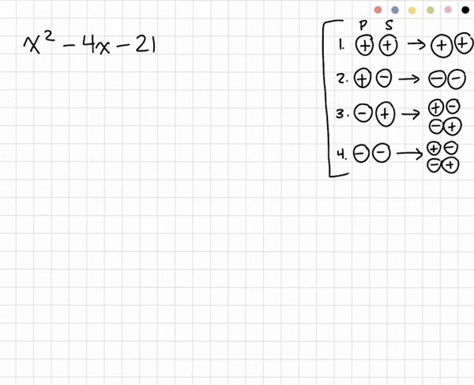So I need to find two numbers that when I add them are going to give me negative 4, but when I multiply them, are going to give me negative 21. So let's set up our table. I'm going to need to find some factors of 21.